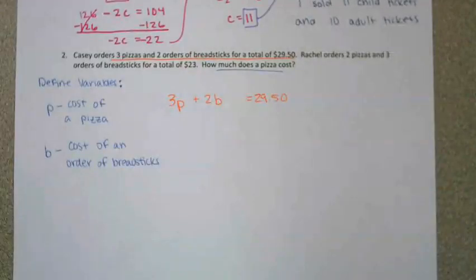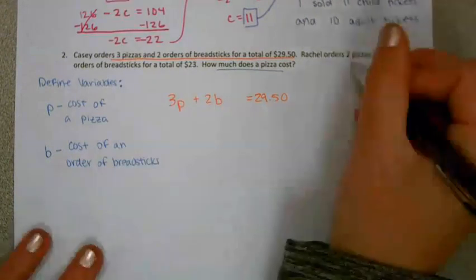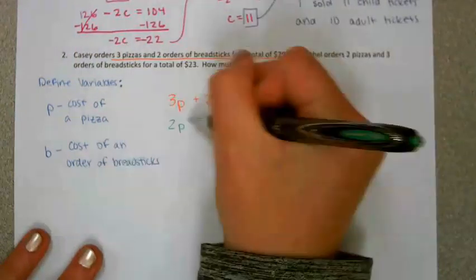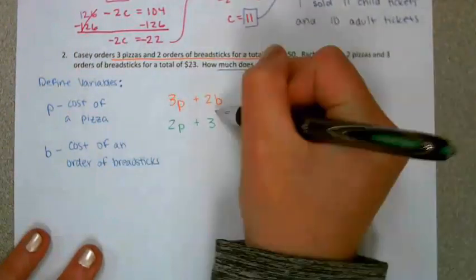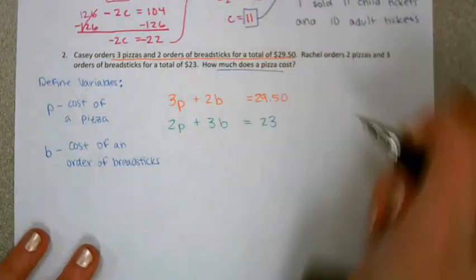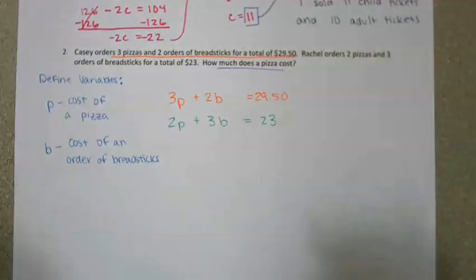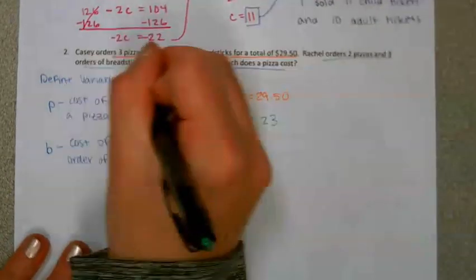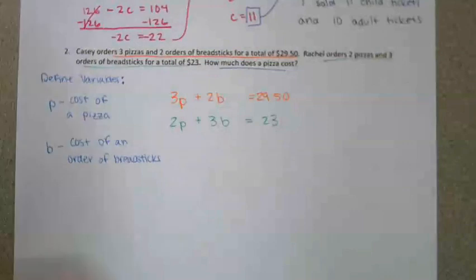Then we have a group that we can do with Rachel. She ordered 2 pizzas and 3 orders of breadsticks. So we'll add those together. And that equals the total of $23. So here, our split of the information dealt with the people and their specific how much they bought.